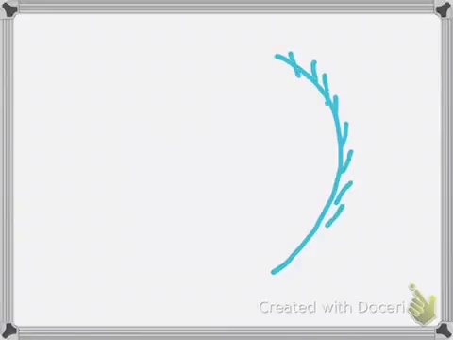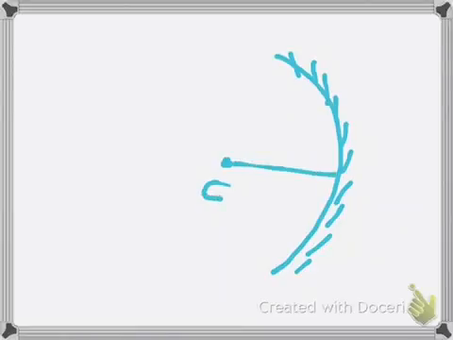So again, let us learn the terms associated with spherical mirrors first. So basically, the center of the sphere of which the mirror is a part is called the center of curvature.